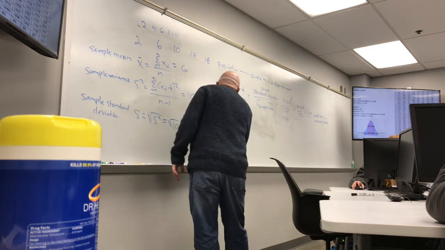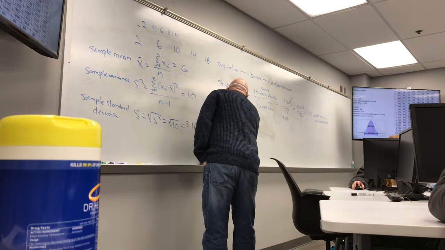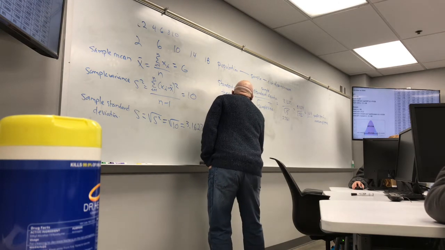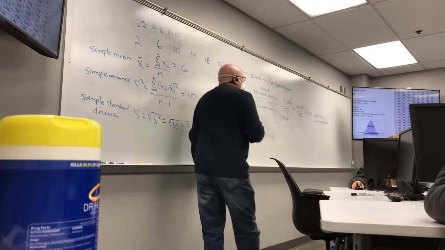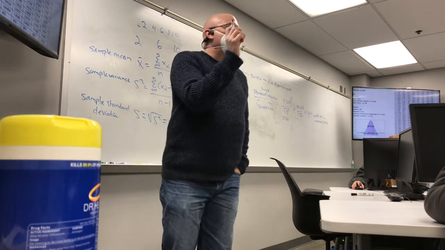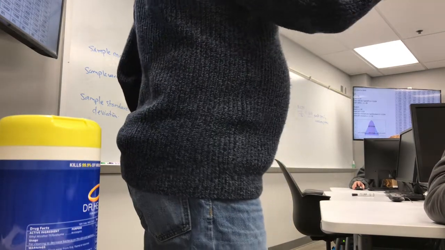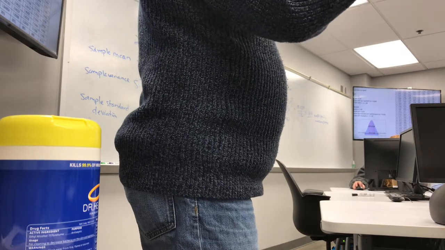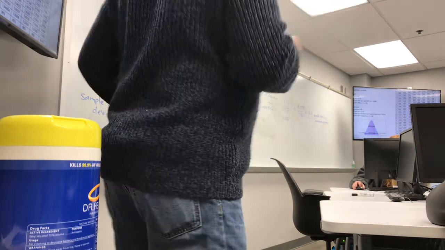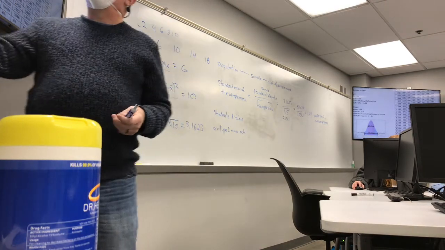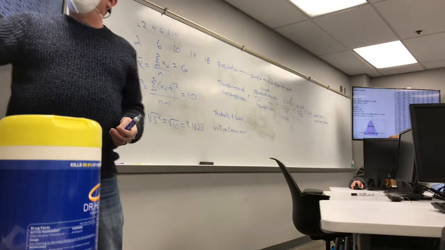And remember, alpha is the type 1 error rate. It's the chances of saying that two things are different when in actuality they're not. And as you reduce your chances of saying that two things are different when they're not, alpha gets smaller and smaller. This is the distribution of sample means.